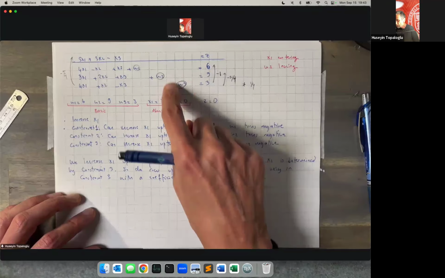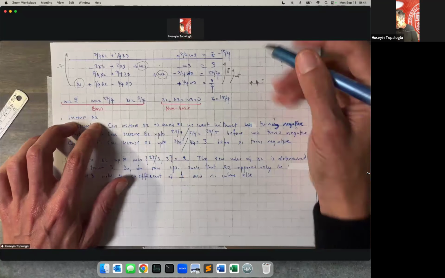Okay. So let's look at the second iteration of our simplex method and identify the entering and the leaving variables. What is the non-basic variable whose value we're increasing? We're increasing the value of x2. So the entering variable is x2.